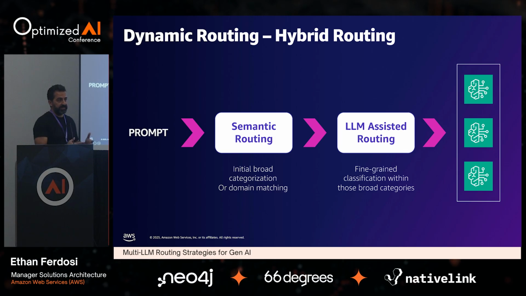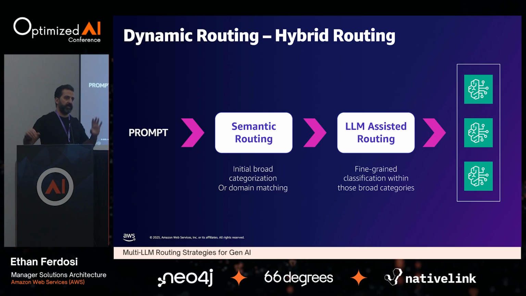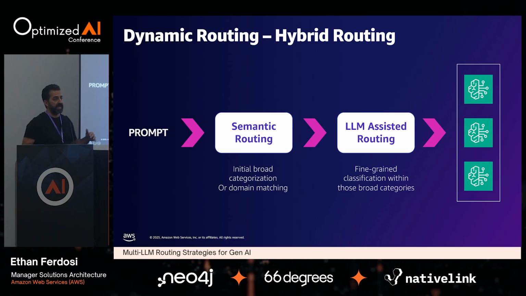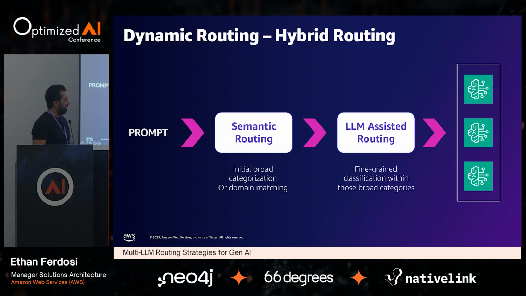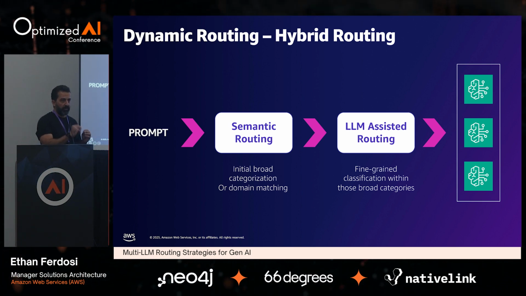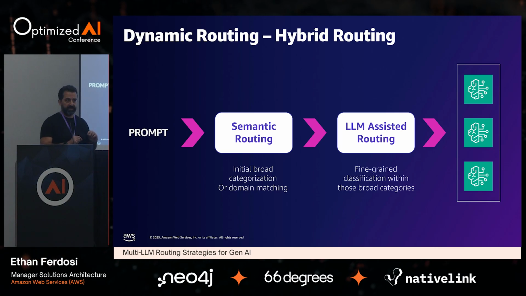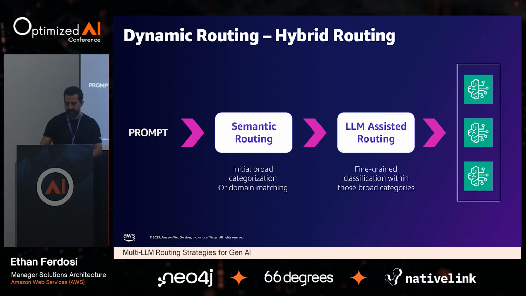And based on that, the initial broad categorization is decided. Is it technical support, is it billing, or is it something else? And then based on that, they send the prompt again, or follow-up prompts, into another LLM, and that's where it does the more fine-grained analysis to say this should go to the specific person or team that needs to handle this operation.